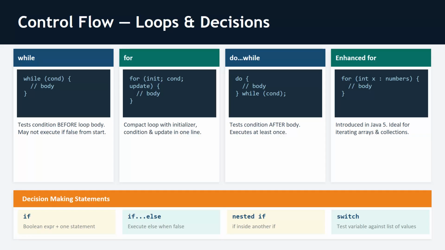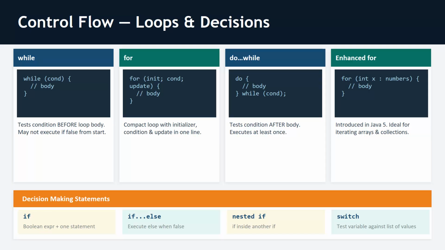For decision making statements, we have the if, which you can use with for or do while loops or whatever. You can combine else with it. The if uses a Boolean expression plus one statement. Then we have the if else, where you execute else when the statement is false.